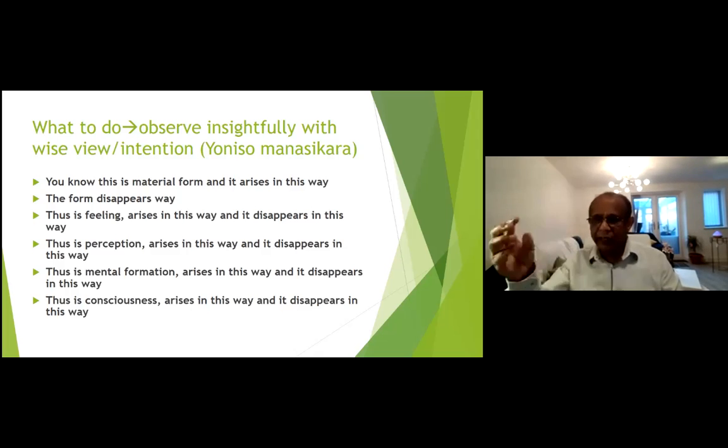So I am not attached to the baby, I am attached to the mental picture, which we call dhamma. And then when you had feeling about the baby, you need to know how the feeling arises and how it disappears.